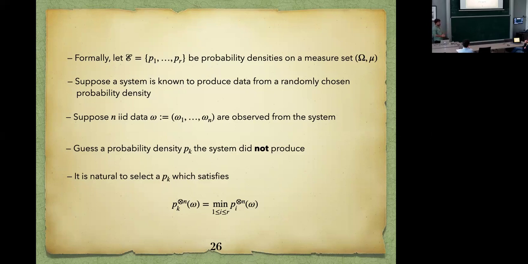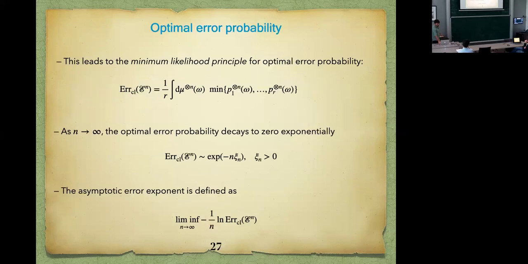This leads us to the minimum likelihood principle, which gives the optimal error probability of anti-distinguishing the probability densities. For the n observations, you take the pointwise minimum of the probabilities and integrate, and 1 over r is the factor corresponding to the uniform prior.